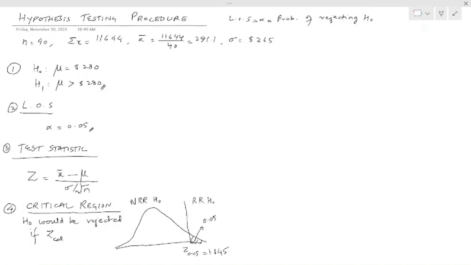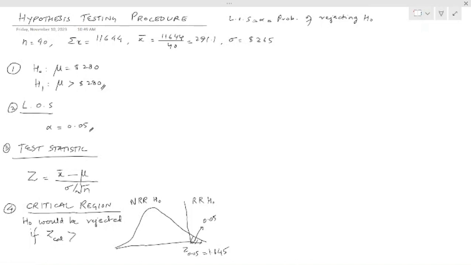This CAL subscript on Z indicates the calculated or computed value that we will compute from the data or the information given in the data when we substitute all the values in the formula of z. So this value, what we have got over here as a critical value, we call it the tabulated value. This is the z value obtained from the z table on the basis of the probability given for the level of significance.